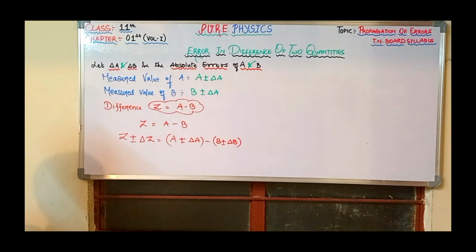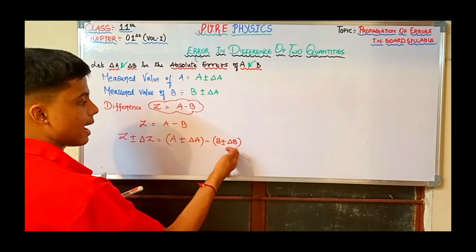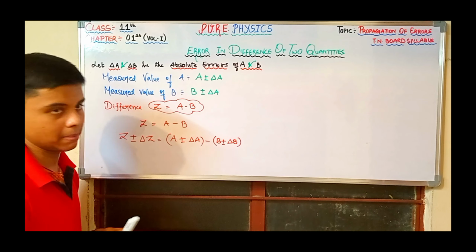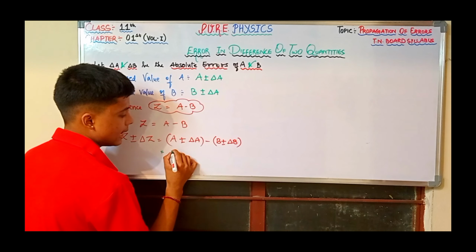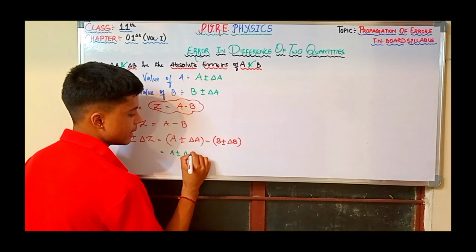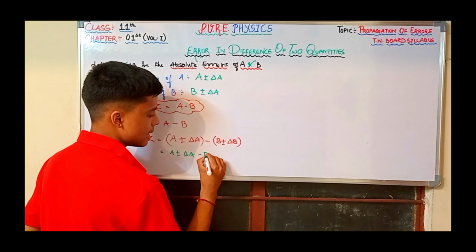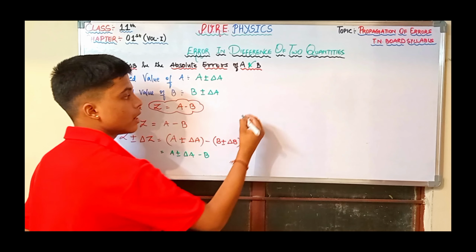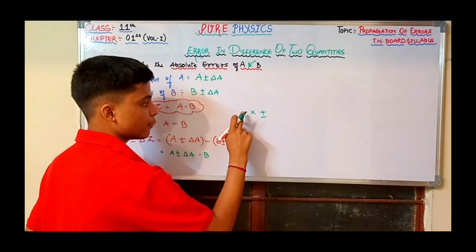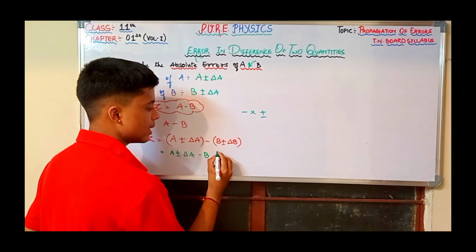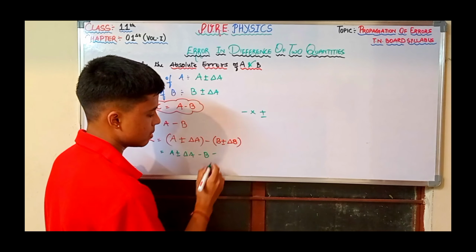Now I'm going to multiply this minus with B and this delta B. What would I get? A plus or minus delta A, minus into plus B is minus B. Now you need to multiply minus with plus or minus. If you multiply minus with plus, you will get minus. If you multiply minus with minus, you will get plus.